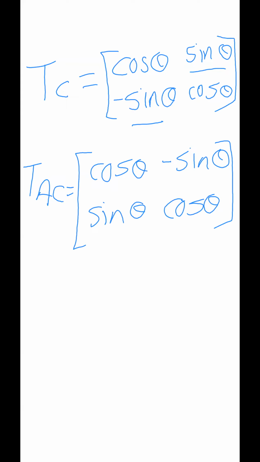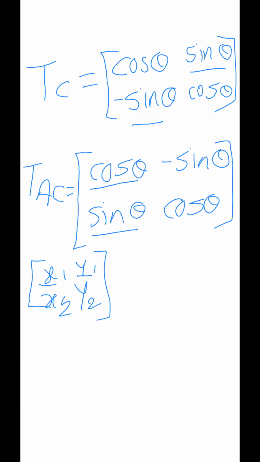Okay, right. So when we are actually multiplying it with x1, y1 and x2, y2, what is happening? This becomes x1 cos theta plus y1 sin theta, right? x1 cos theta plus y1 sin theta. And in the next, x1 into minus sin theta, so minus x1 sin theta plus y1 cos theta.